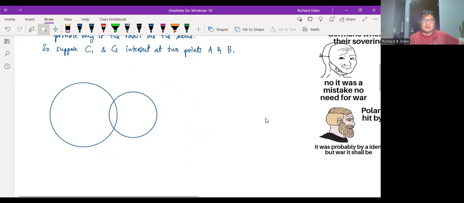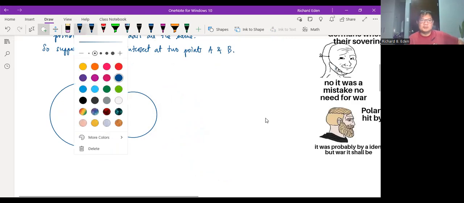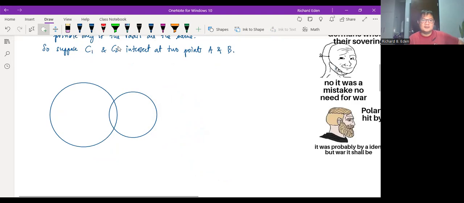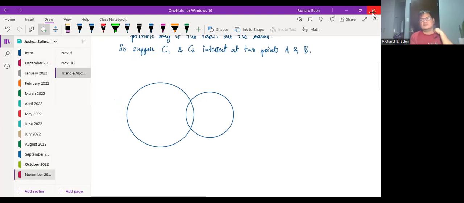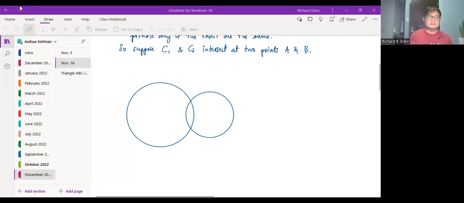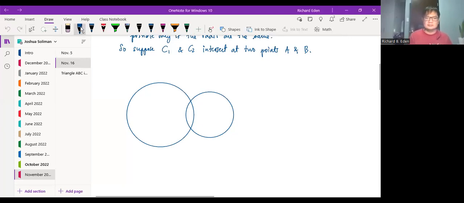So we have here points A and B. Let's work backwards.